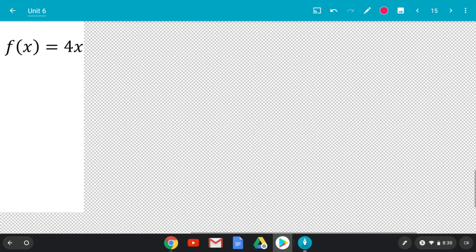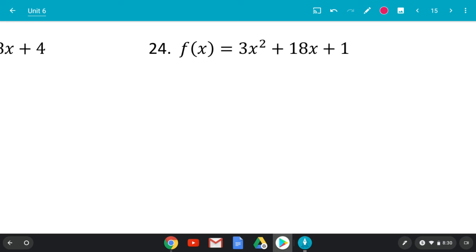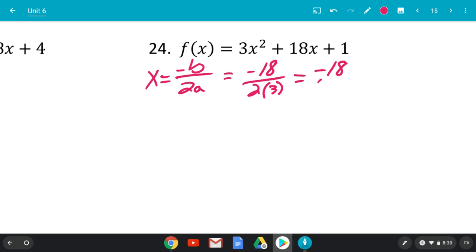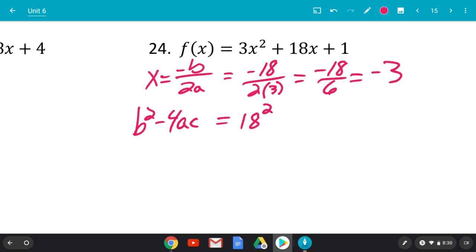Last one. X equals negative b over 2a. Therefore, it's negative 18 over 2 times 3, which is negative 18 over 6, which is negative 3. My b squared minus 4ac is 18 squared minus 4 times 3 times 1.